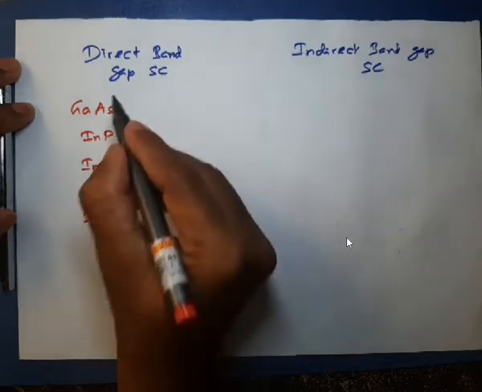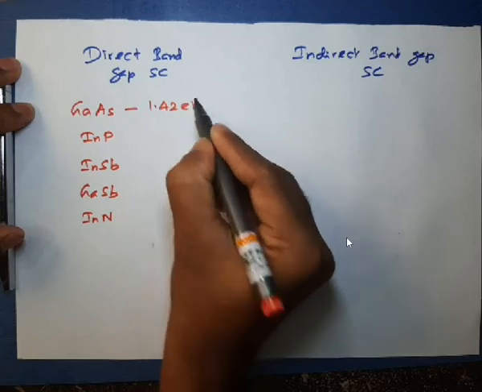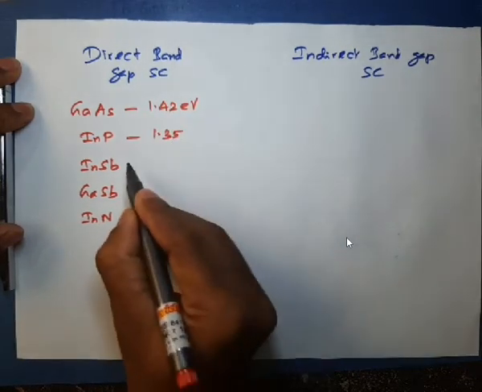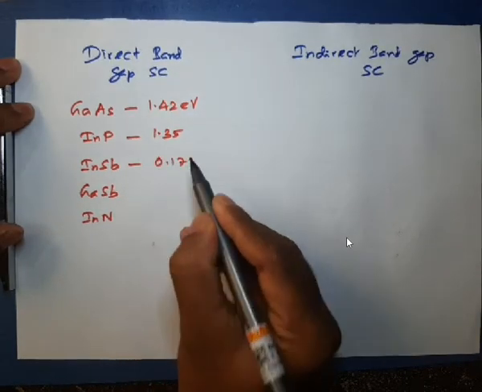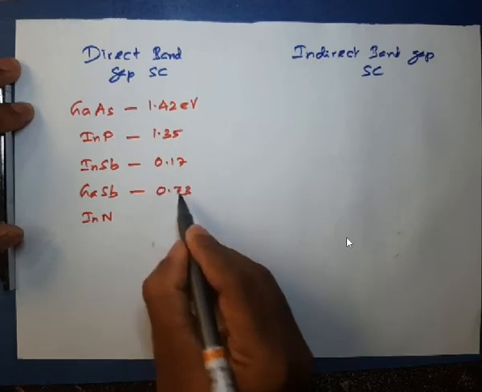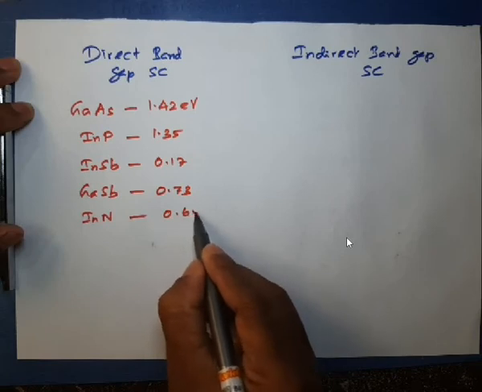The band gap values are: gallium arsenide 1.42 electron volt, indium phosphide 1.35 electron volt, indium antimonide 0.17 electron volt, gallium antimonide 0.73 electron volt, and indium nitride 0.65 electron volt.